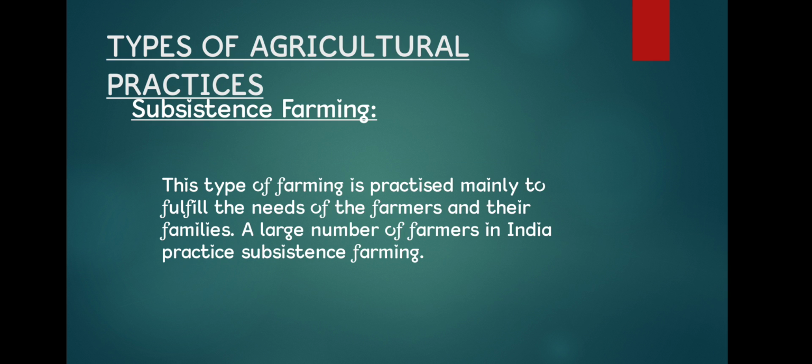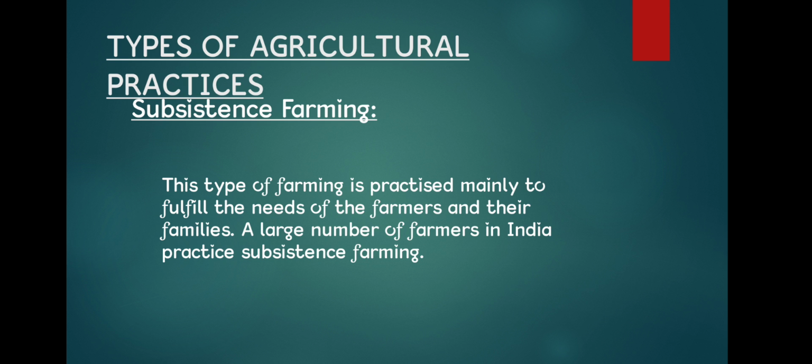Coming to this, there are so many types of practices in agriculture. The first one is subsistence farming. So what do you mean by subsistence farming? Subsistence farming is practiced by farmers who own a small piece of land. That means such farmers grow just enough crops to meet their basic needs and those of their families.